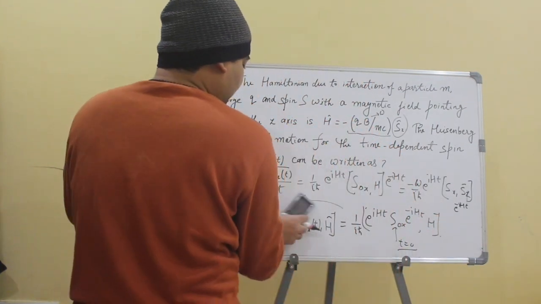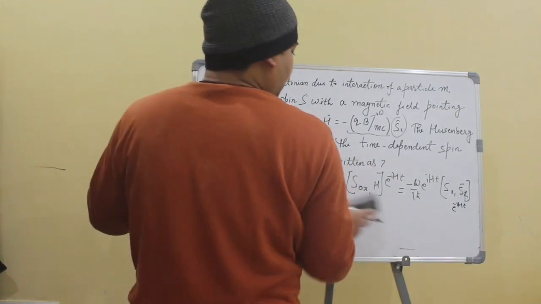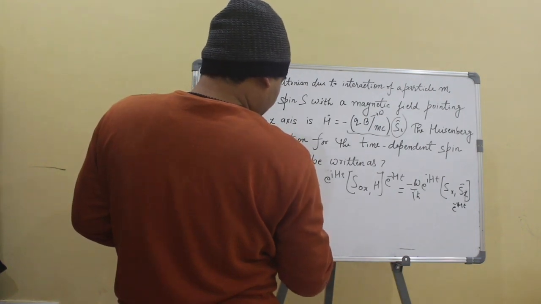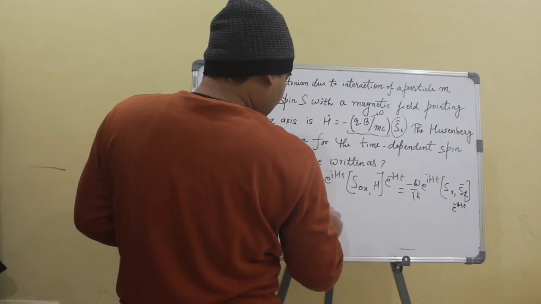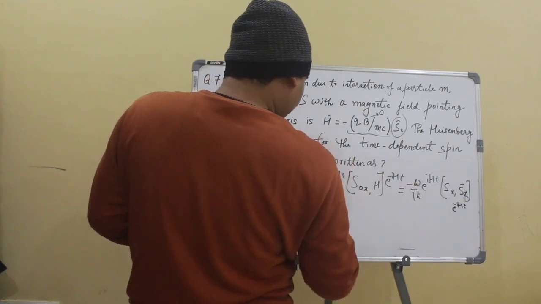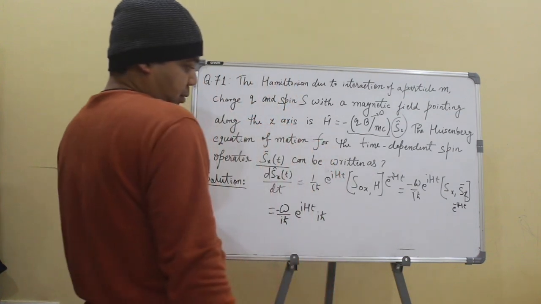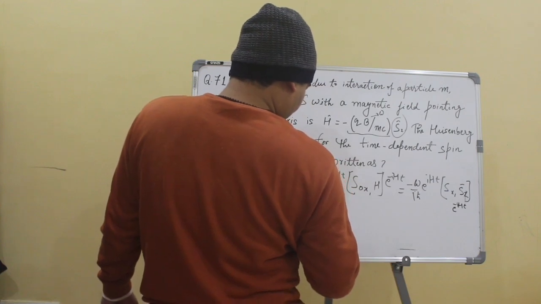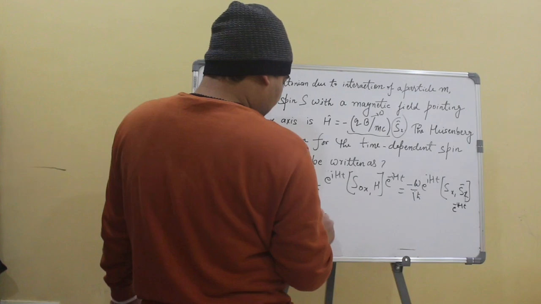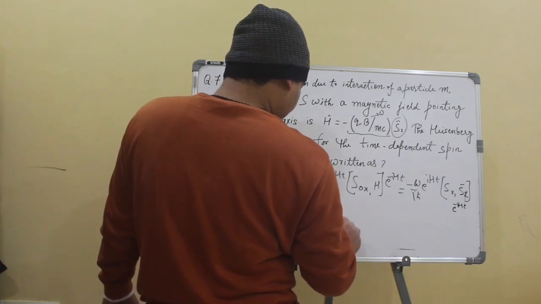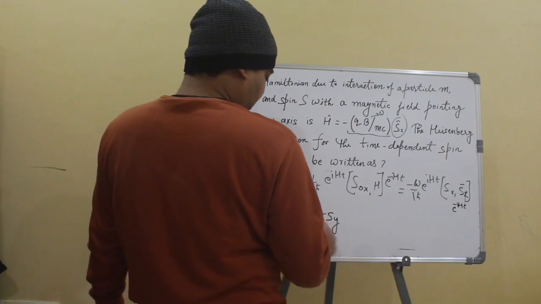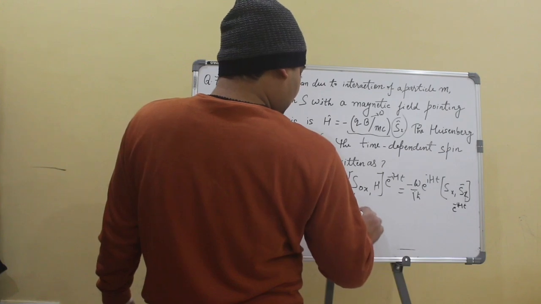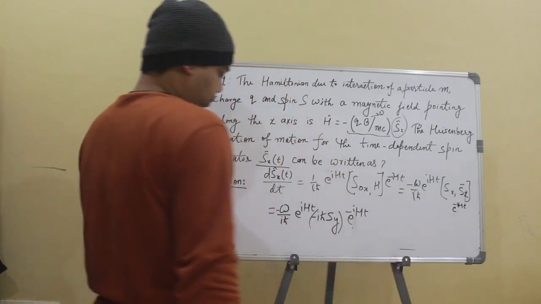So this will give you simply minus omega divided by i h cut e to the power i H t into minus i h cut, so i h cut Sy, with e to the power minus i H t.